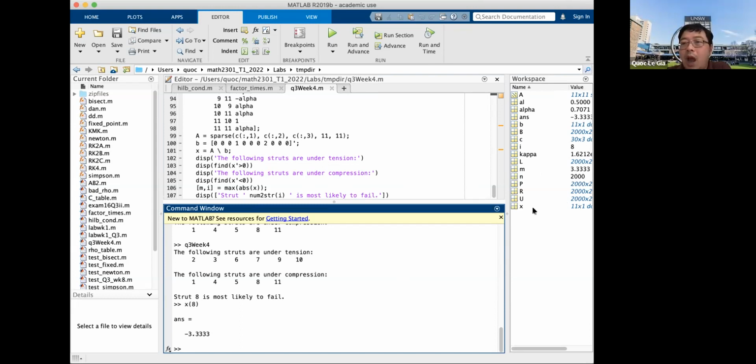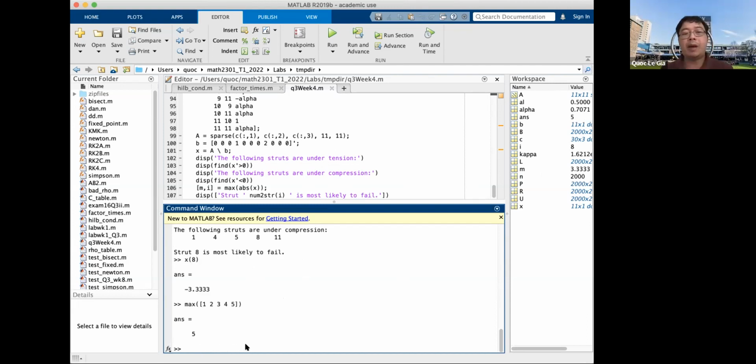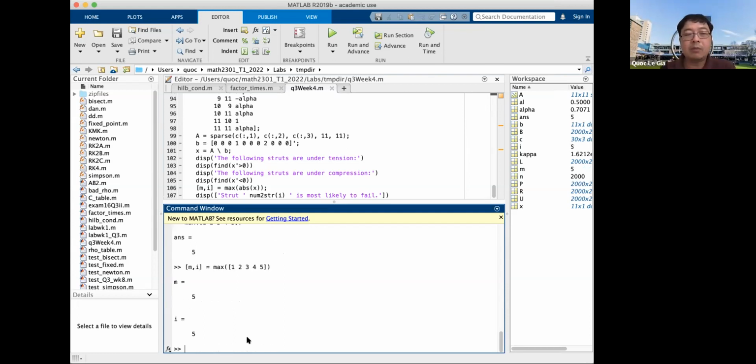What does MI tell us? Okay, remember, if you have max of 1, 2, 3, 4, 5, then it just gives you the maximal value. But if you write M, I equals max of 1, 2, 3, 4, 5, then it gives you two things. First, the maximal value, which is 5, and second, the index at which it attained the maximal value.